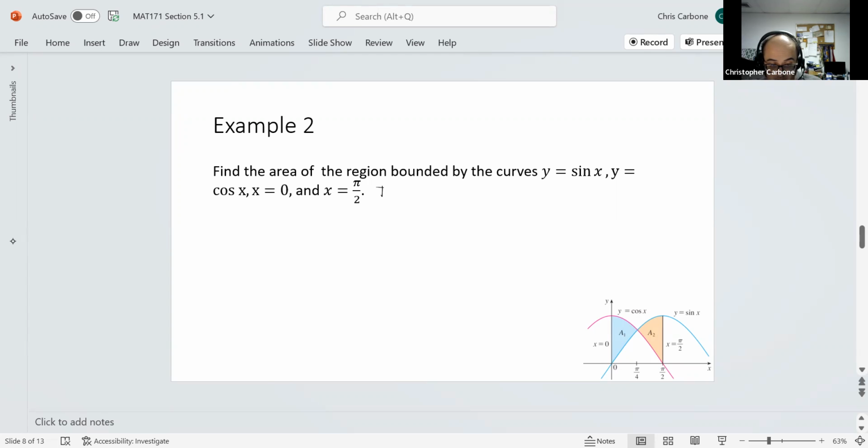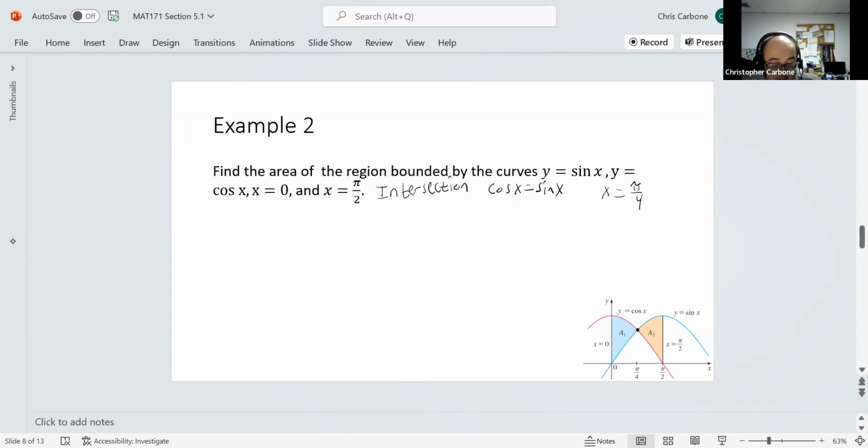That intersection point that we could see going on here, which will be this point here, is where the cosine of x is equal to the sine of x. And this occurs at x is equal to pi over 4, since we are specified being between 0 and pi halves.